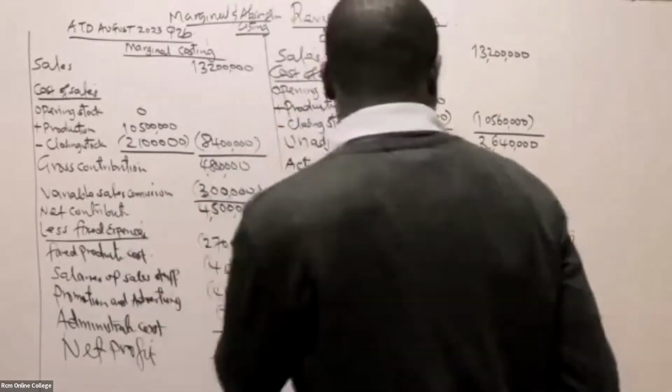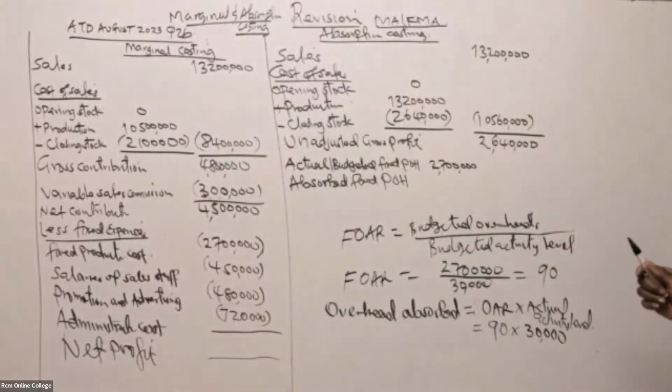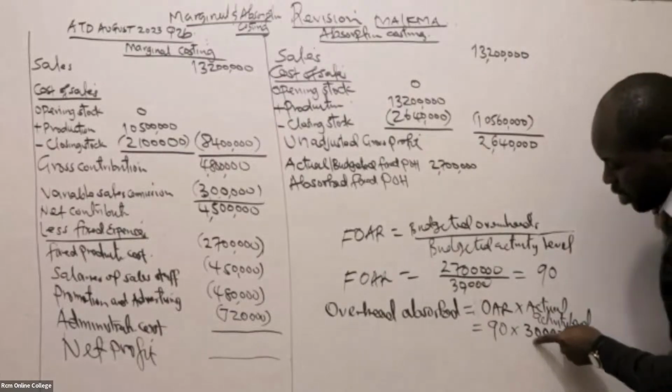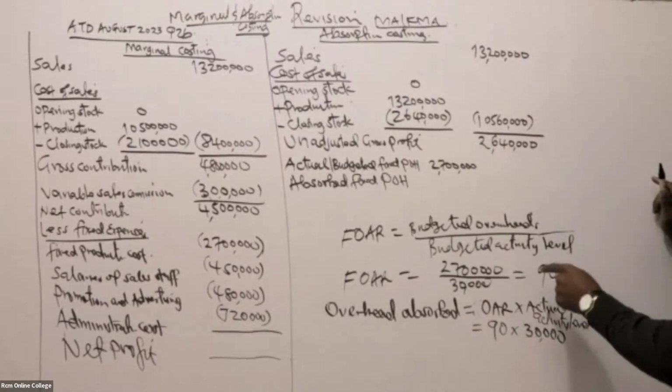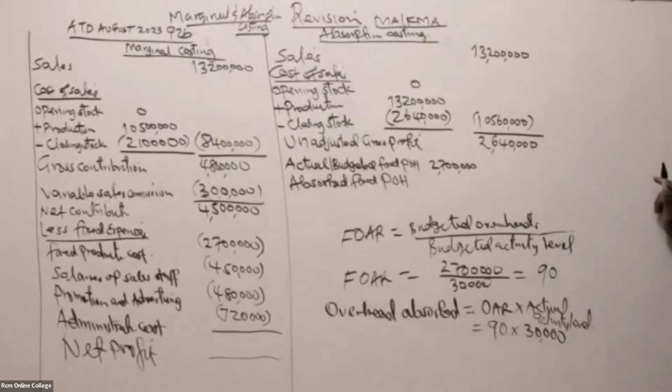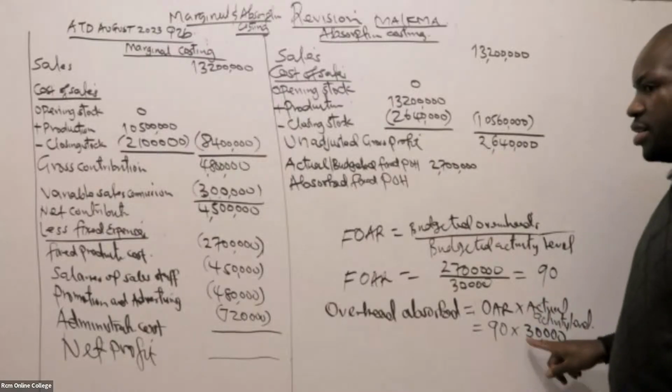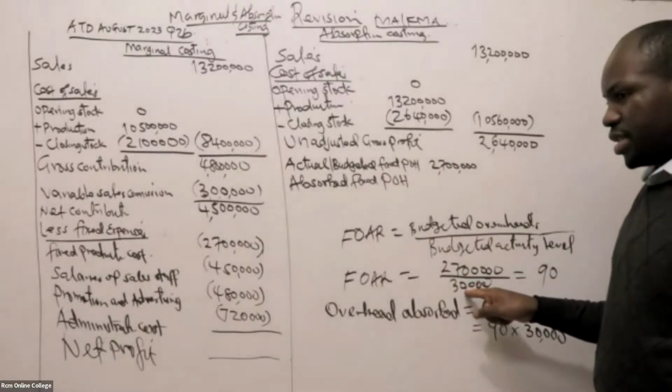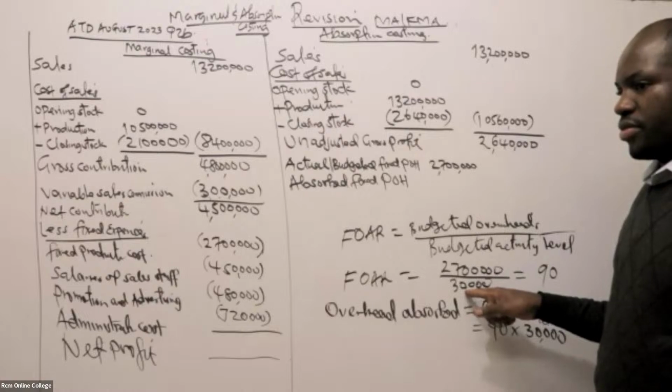And I want to tell you something very simple. Are we all accepting that the 30,000 we are using here is not the same as the 30,000 we used here? Do we all agree?